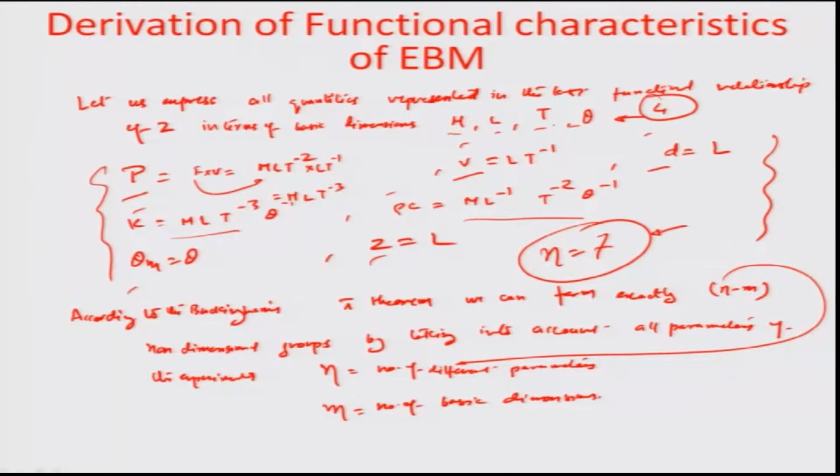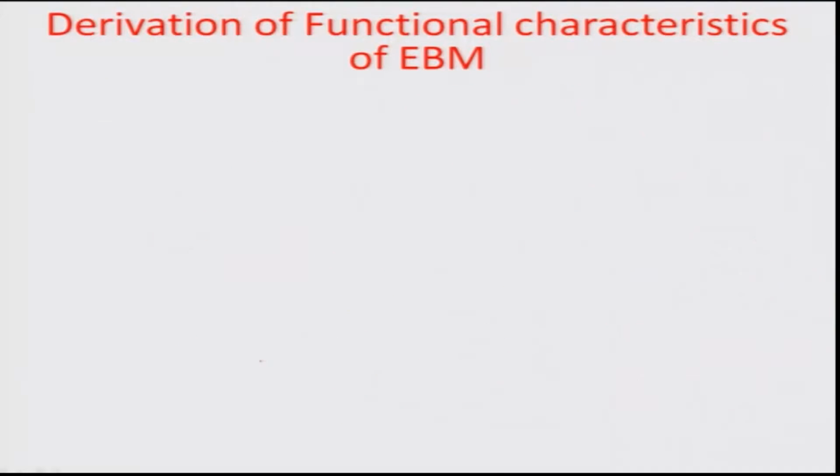So, you can have exactly 3 groups here. In our case n equals 7, the number of parameters, and m equals 4, so you have n minus m equal to 3.